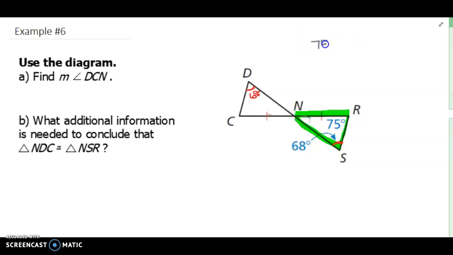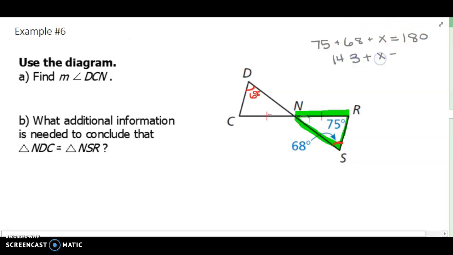I can say 75 plus 68 plus, I don't know, I'm just going to call it x, equals 180, because all angles of a triangle have to add to 180. All right, so if I simplify this, this is 143 plus x equals 180. Subtract 143 from both sides. I'm left with 37 equals x, so that means this is 37 degrees.